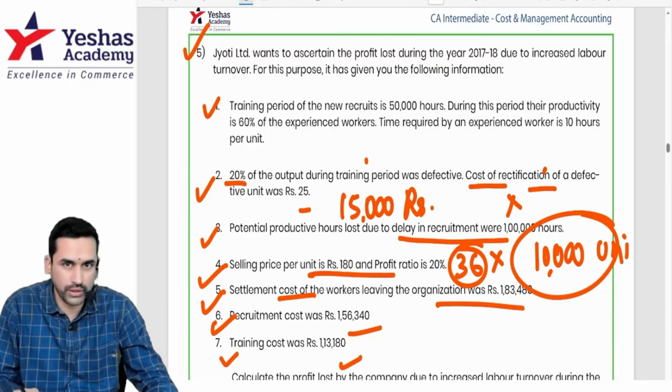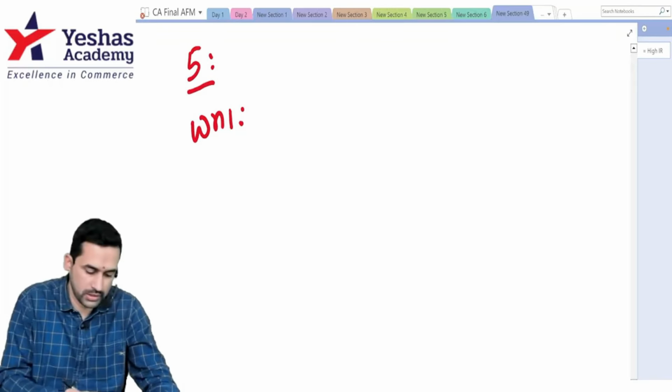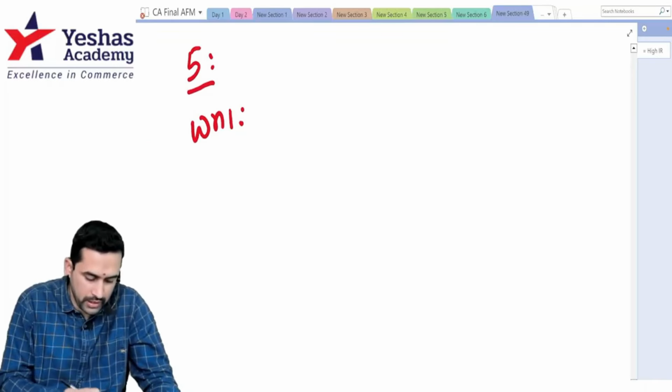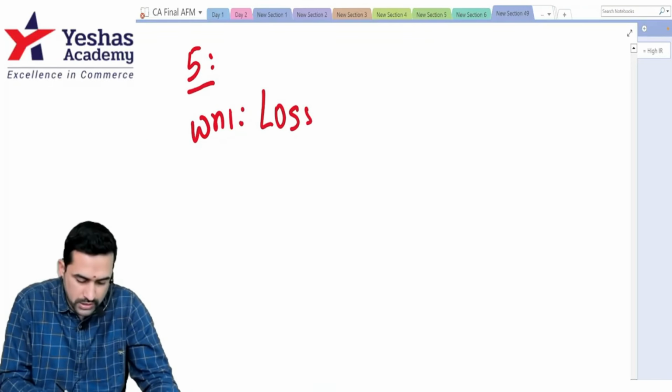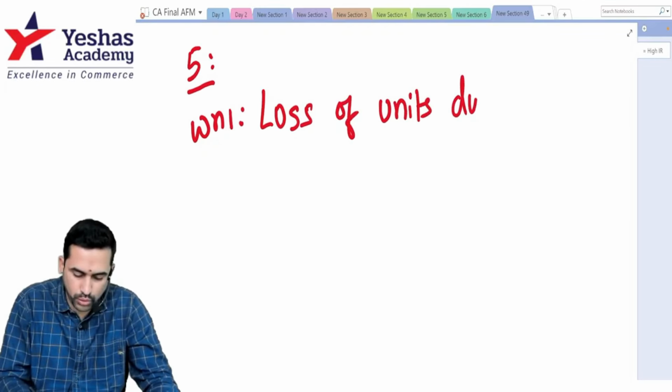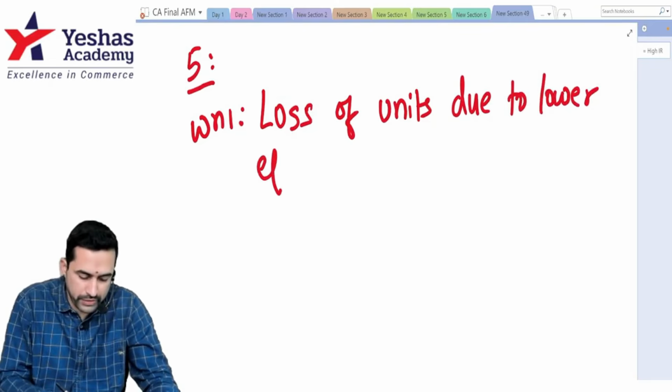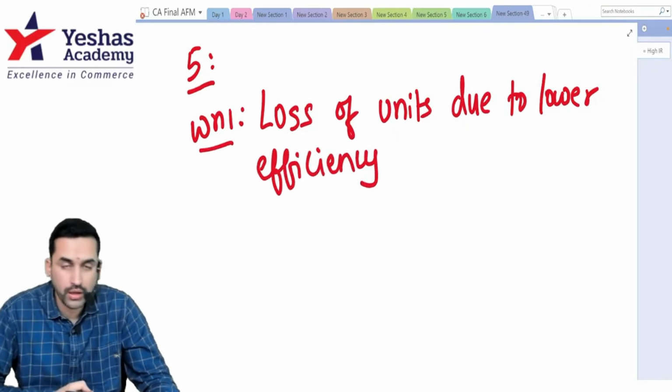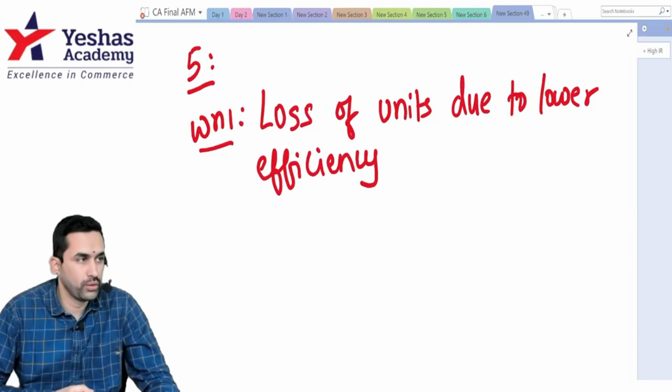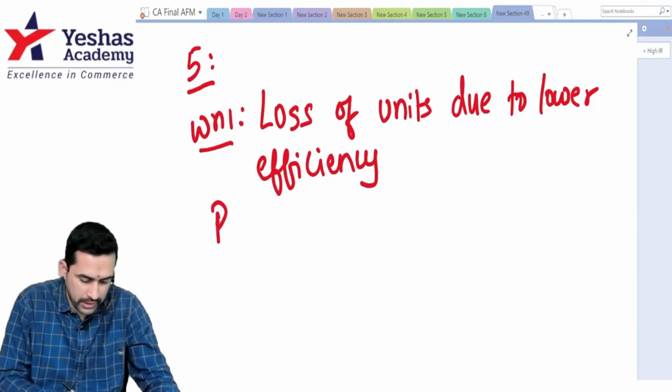So there is a loss of units. Loss of units due to lower efficiency. Line by line.